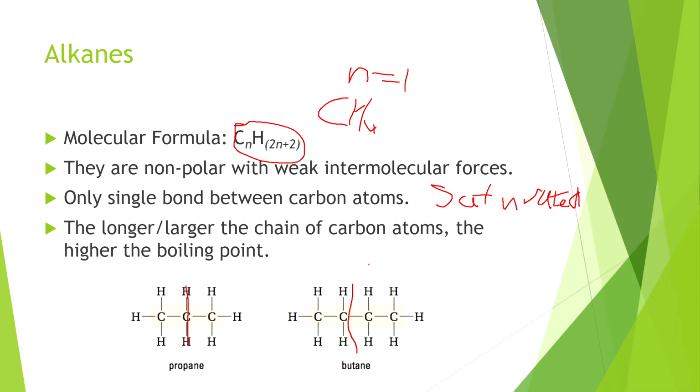For instance, if there are double bonds between carbon atoms, these molecules would be known as unsaturated hydrocarbons. Now, a basic property of alkanes is that the longer or larger the chain of carbon atoms, the higher the boiling point. This is because the number of atoms increases, meaning that the London dispersion forces between the molecules increase, increasing the boiling point.